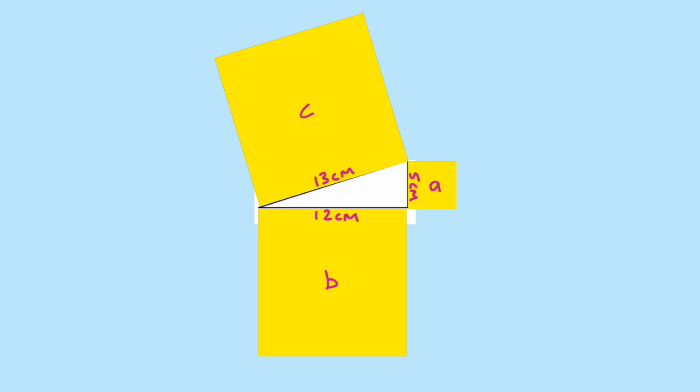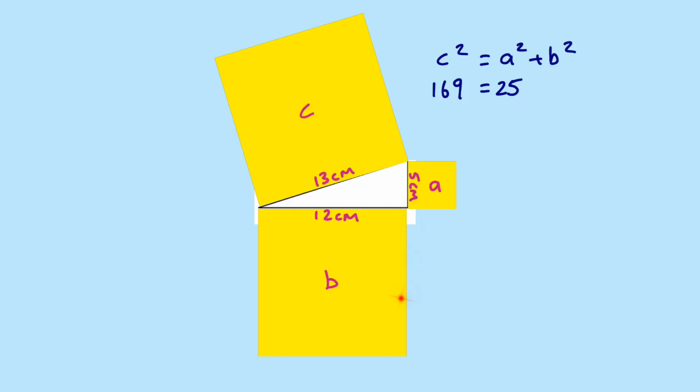So Pythagoras' theorem is c squared equals a squared plus b squared. So this square is 13 times 13, which is 169. A squared, 5 times 5 is 25.